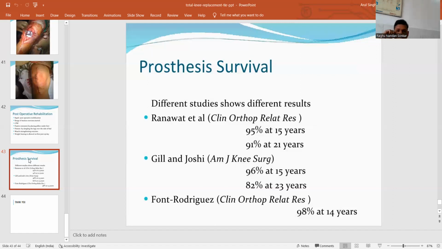Always prescribe some blood thinners to avoid it. Try early mobilization of the patient, and educate your patient about rehab, ankle pumps, and some other exercises which can be done easily without the help of any physiotherapist. So these are all the factors about knee replacement.